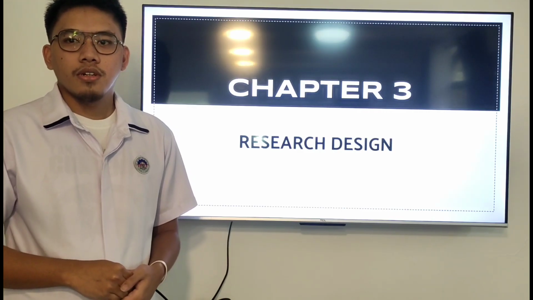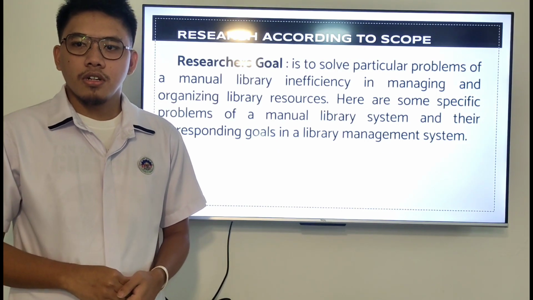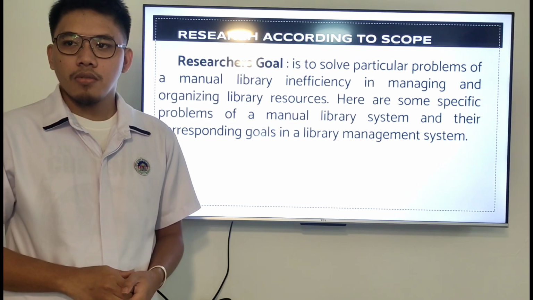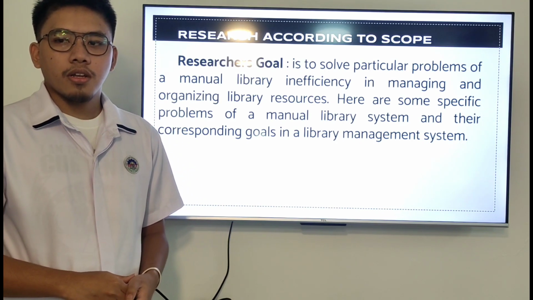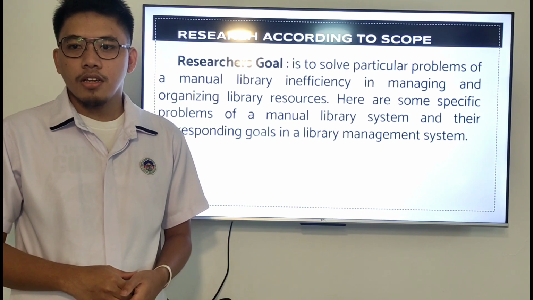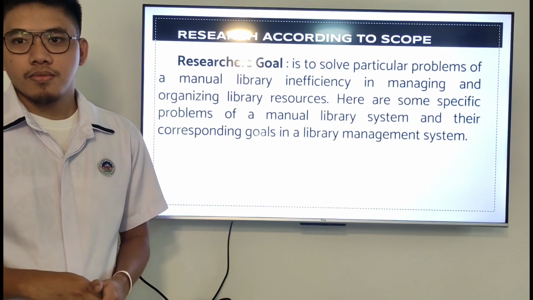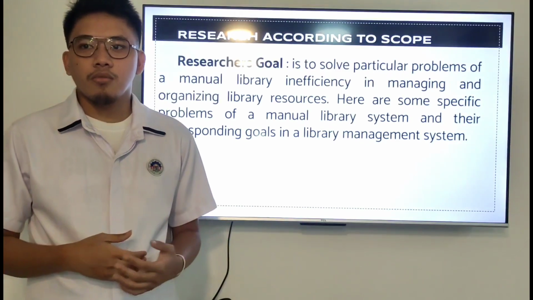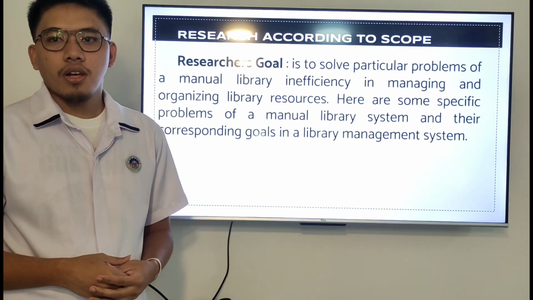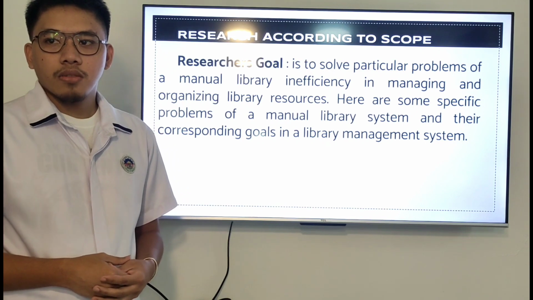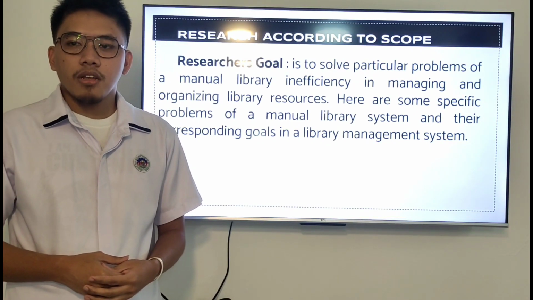Research design. Research according to scope. The researchers' goal is to solve a particular problem of manual library inefficiency in managing and organizing library resources. Here are some specific problems of a manual library system and their corresponding goals in a library management system.